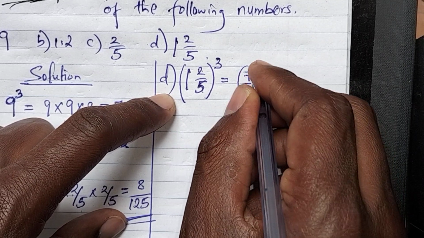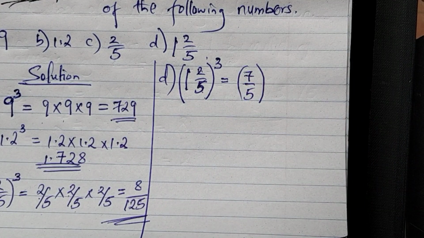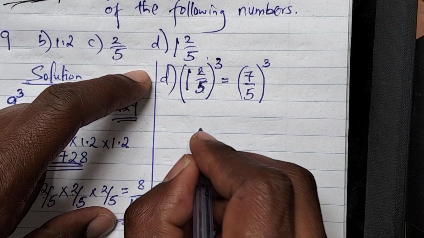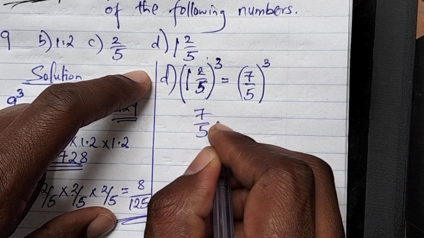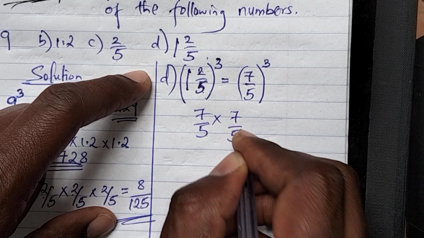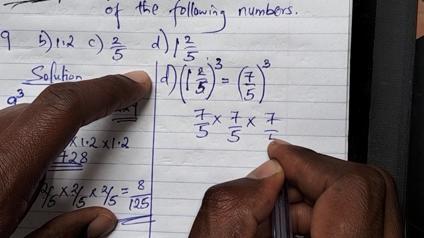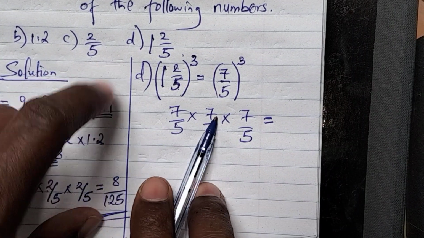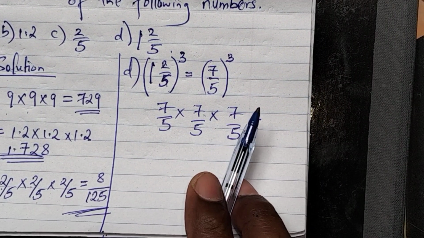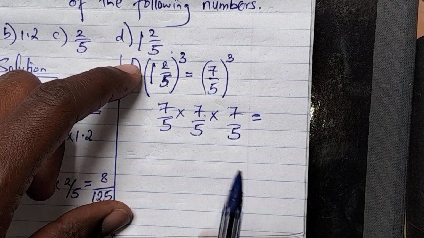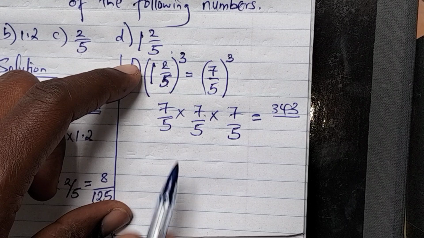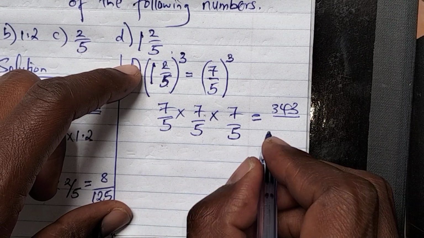Power 3 is the same as 7 over 5 times 7 over 5 times 7 over 5, which gives us 7 times 7 times 7, which is 343, since 49 times 7 is 343, all over 5 times 5 times 5, which is 125.